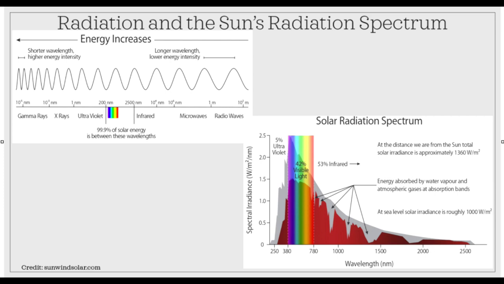At the top of the atmosphere, the irradiance is approximately 1360 watts per meter squared, and only about 1000 watts per meter squared makes it to the surface. So that encompasses the first of the three facts that ultimately drive weather, that the sun provides energy.